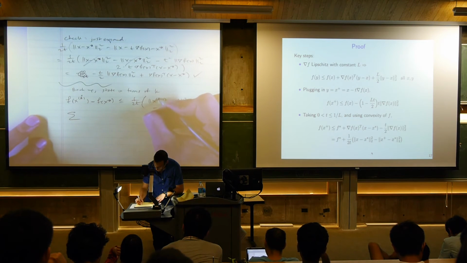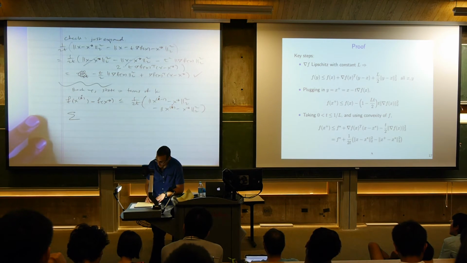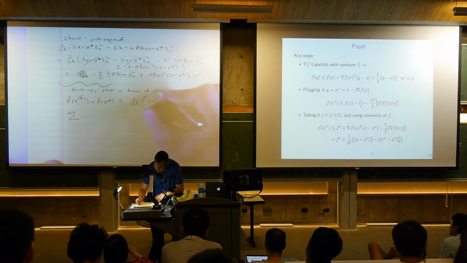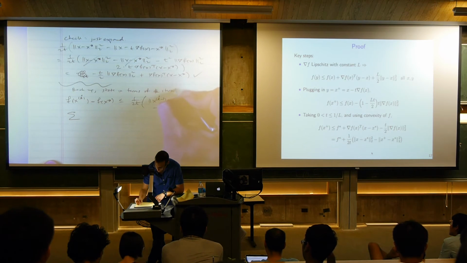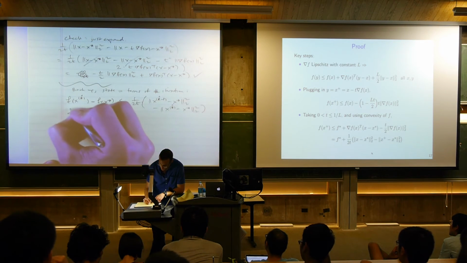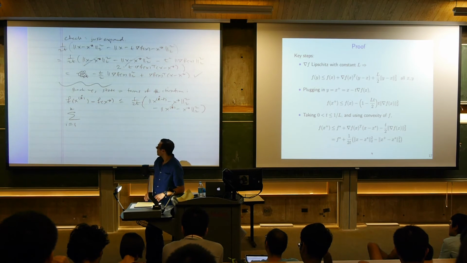It may have been clearer if I used i as the iteration up here, because I'm going to want to sum with the end point of the sum being k, just not to confuse you too much.